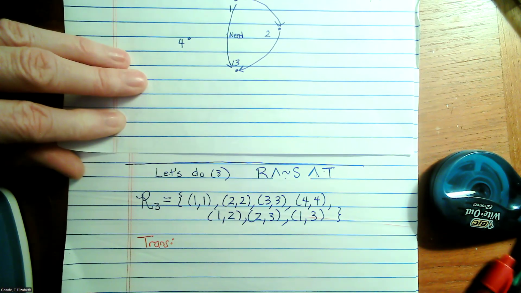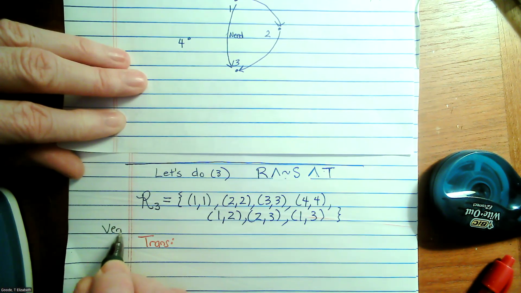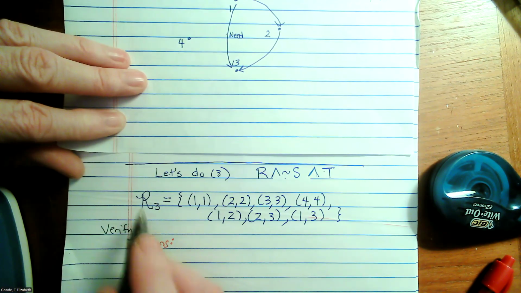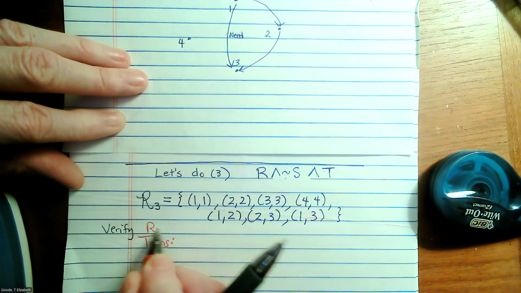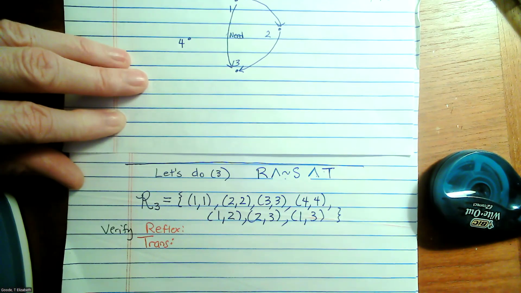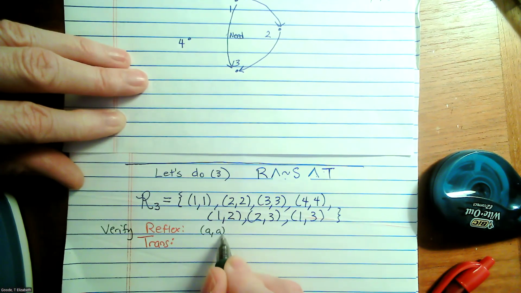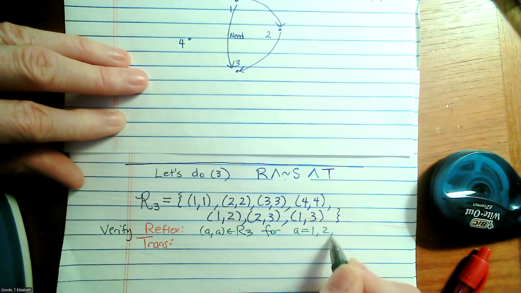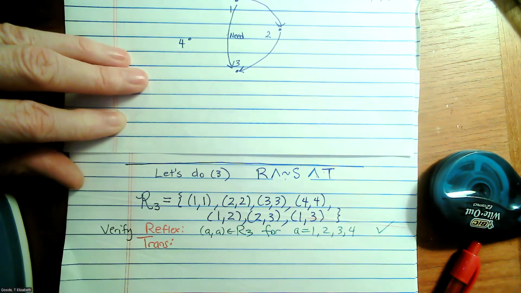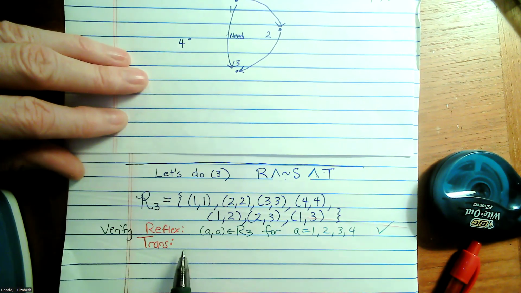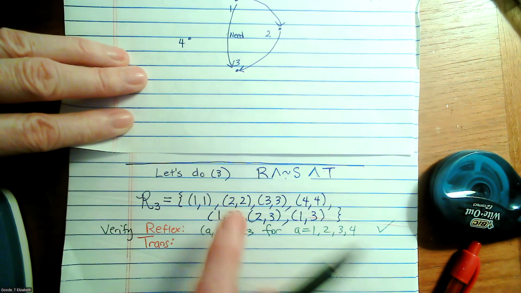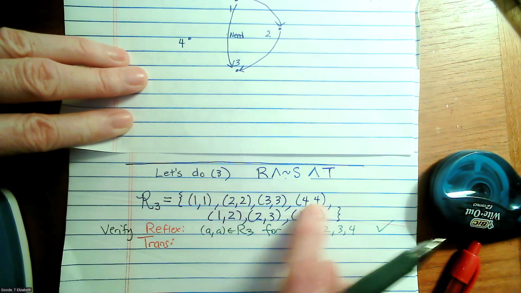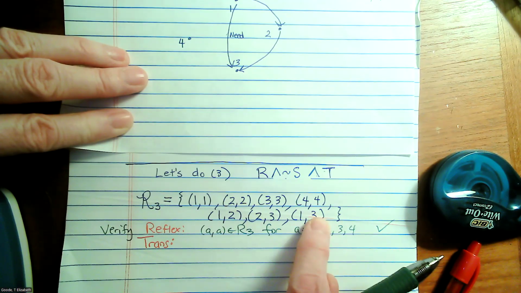And how would we verify that it's transitive? Verifying that it's reflexive is easy: (a,a) is in R3 for a equals 1, 2, 3, and 4. So that's easy, but transitivity can be a little bit of work. Since we don't have to worry about the reflexive elements, these are the only elements we have to worry about.